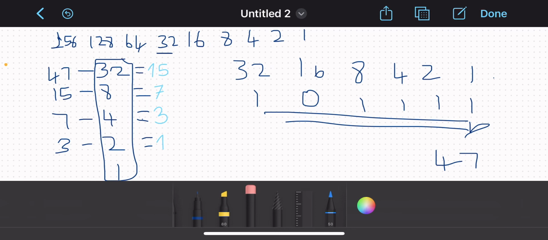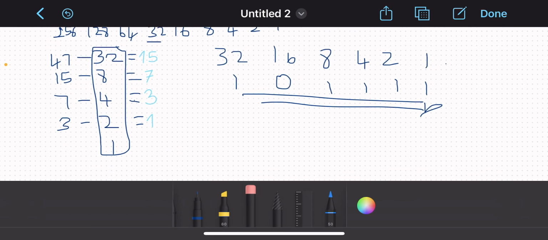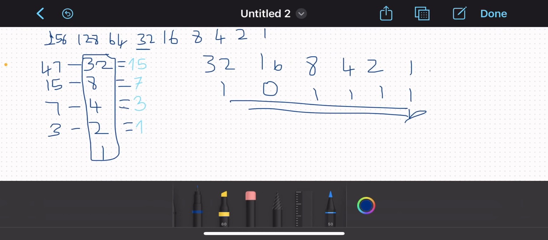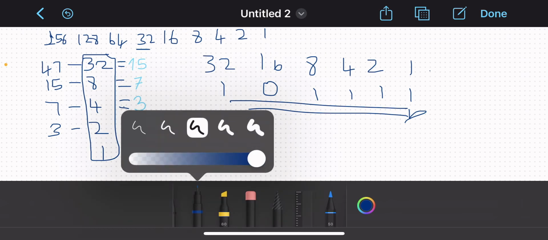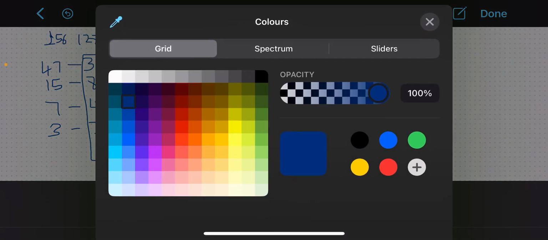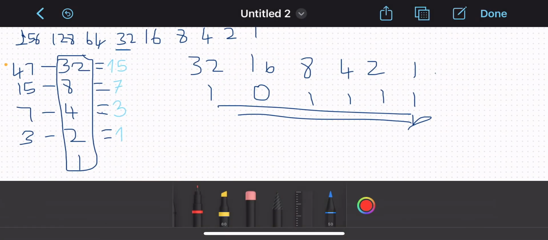And then we can double check again if these numbers add up to 47, right? So remember, we add all the numbers where there is a 1. Because there's a 1 here, we say 32. There's a 0 here, so we skip it.